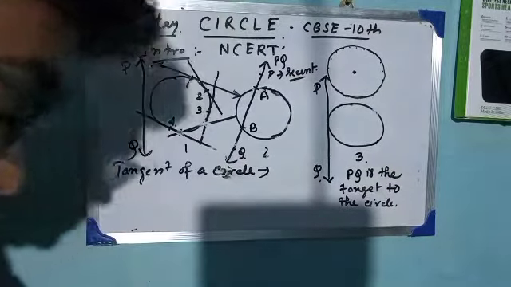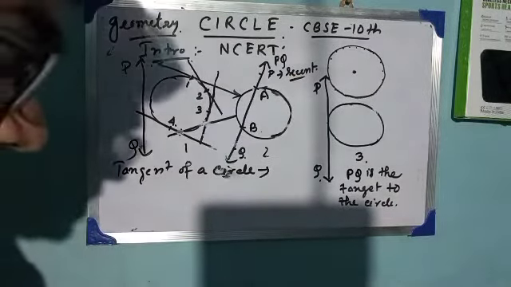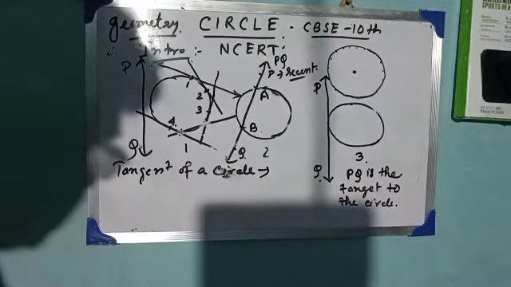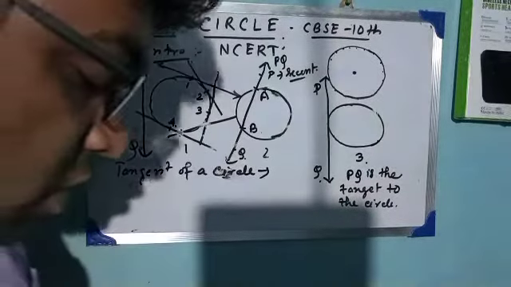Understand? Now the tangent to a circle is a special case of the secant when the two end points corresponding to the chord coincide.